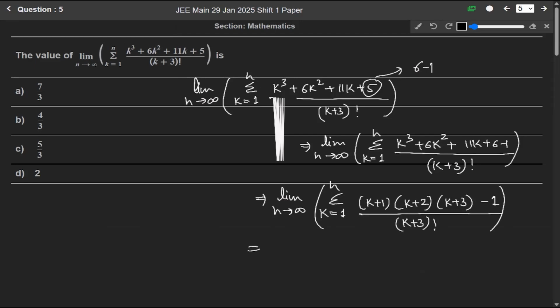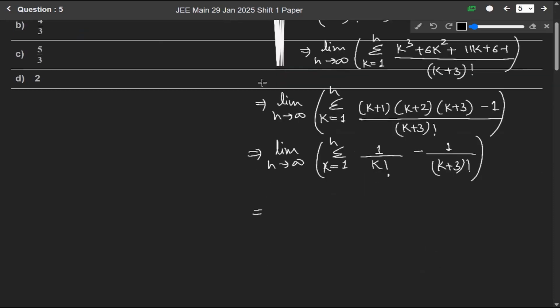So it can be written as limit n tends to infinity sigma k equals 1 to n. And when we solve it, this is k plus 3 factorial and this is k plus 1, k plus 2, k plus 3. So we can write it as 1 over k factorial minus 1 over k plus 3 factorial.